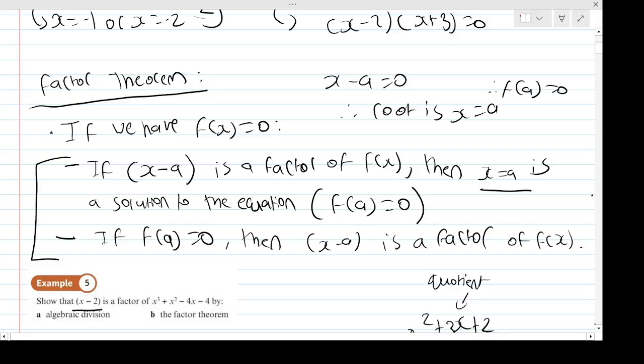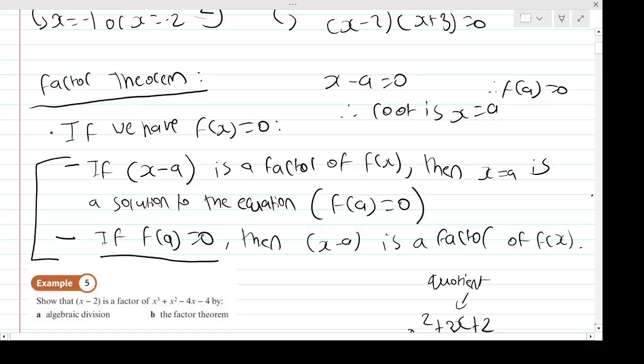Well, in this case, if x minus 2 is a factor, then it's saying x equals positive 2 would be a solution. But here we're trying to show it's a factor, not to show that there's a solution. So actually we need to go the other way and look at this second bullet point instead. Then we have the opposite, where if we have a solution, so if x is a, so in here it'd be x is positive 2, right?